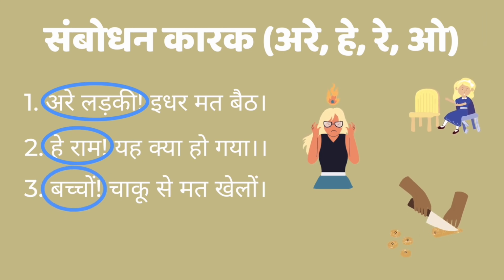After बच्चों, there is an exclamation mark. The meaning of this sentence is, children, don't play with the knife. This is a warning. In this type of sentence, someone is warning somebody or they are asking or calling someone.